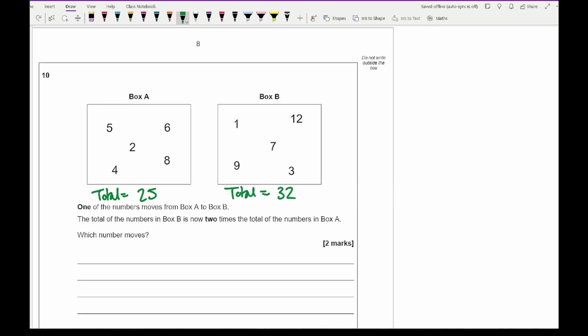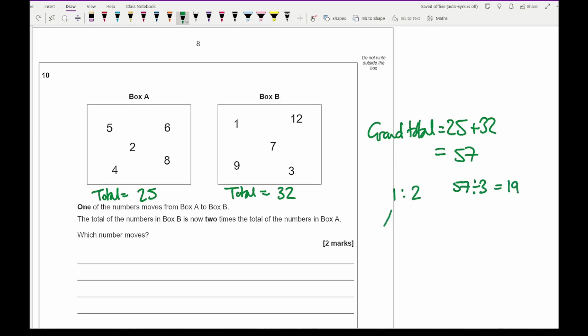Now the grand total is 25 plus 32, which is 57, and if we want 2 times as much, the ratio is going to be 1 to 2. So 57 divided by 3 gives me an answer of 19.